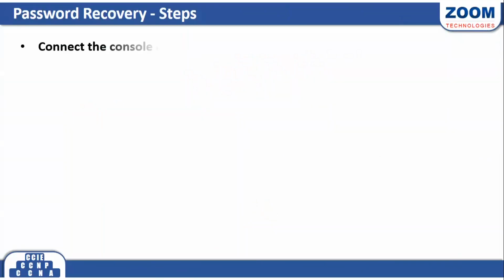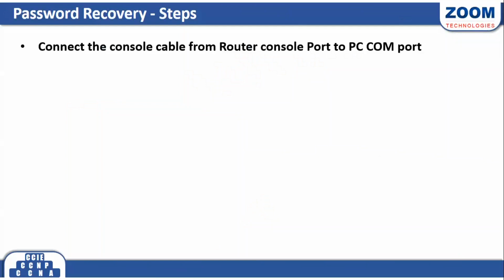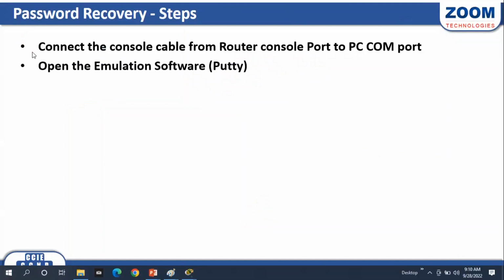Password recovery steps. Step 1, connect the console cable from the router console port to your PC. Connect the console cable directly from your router to your laptop, and open the software, this PuTTY software.